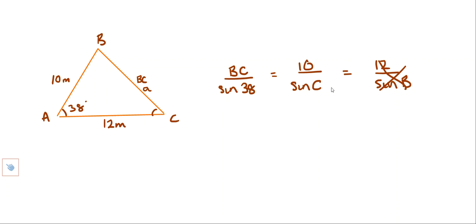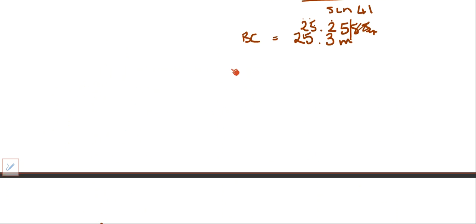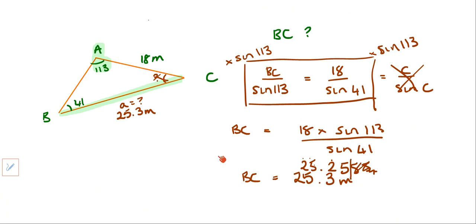So that leads us to a rule that says to use sine rule, I must have what? Not just values, because I've got values, but we must have a complete pair.